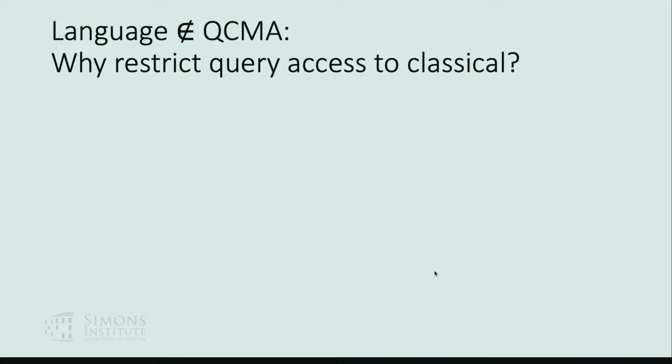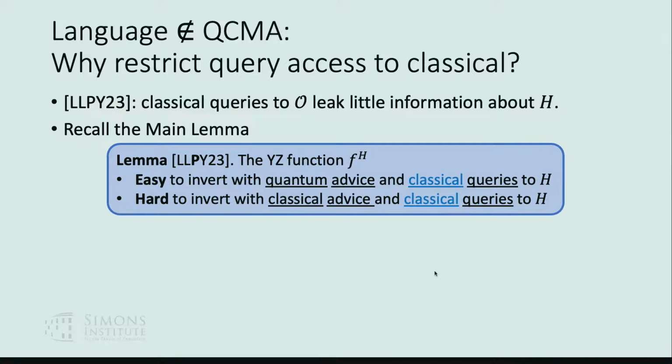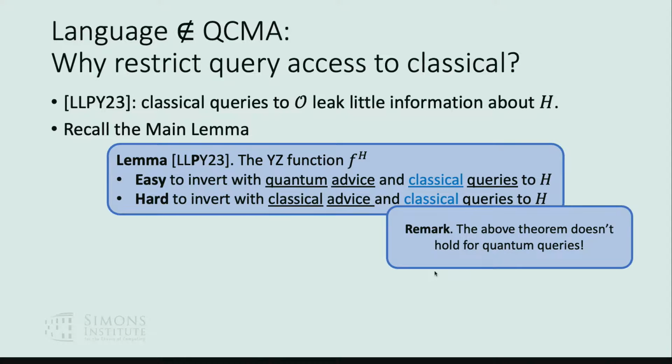So let me briefly say why we need to restrict the access to classical. The name of the game, as I said, is to learn some information about H through querying O. So we argue that classical queries to O leak very little information about H. And this is part of the main lemma that I showed here.